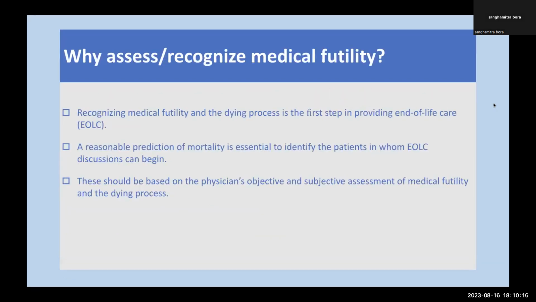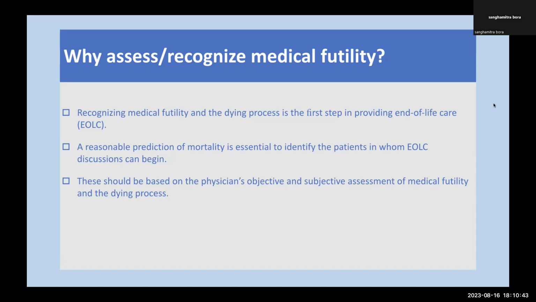So why do we assess or recognize medical futility at all? It is because recognizing medical futility and the dying process will be the first step in providing end-of-life care. Secondly, a reasonable prediction of mortality is essential to identify the patients in whom end-of-life care discussions can begin.